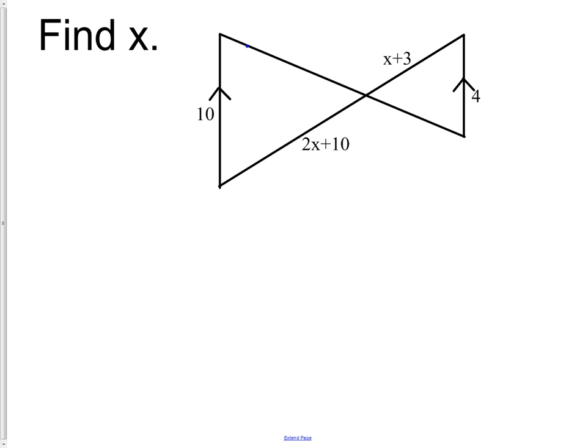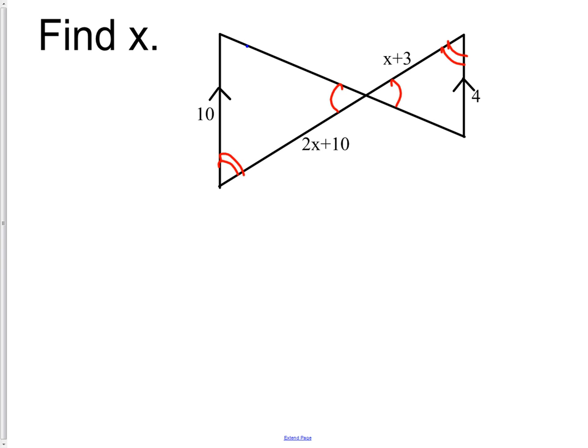Find x. Well, in order to do that, we need to have some reasoning so that we could try and solve it with a proportion. If we look at the picture, we can mark these as congruent because of vertical angles. We also have parallel lines. If you remember back to what we've learned before, parallel lines cut by a transversal, these two angles then would have to be congruent.